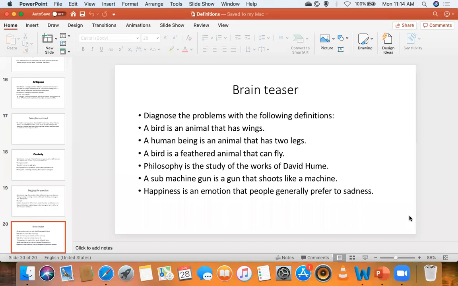So what problems do you see in these definitions? Number one, a bird is an animal that has wings. Too narrow. So why do you think it's too narrow?